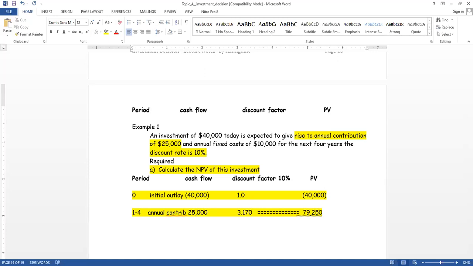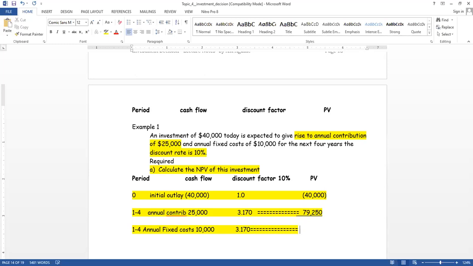Then I go to annual fixed costs. Year 1 to 4, I have annual fixed costs, and the amount is 10,000. But I also need to get the PV. The discount factor, 4-year annuity at 10%, we've said it is 3.170.